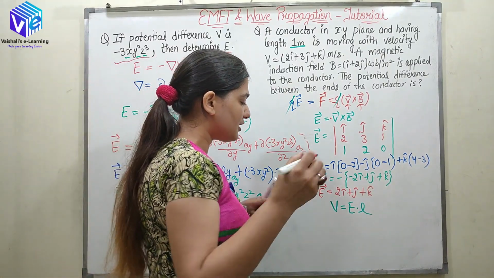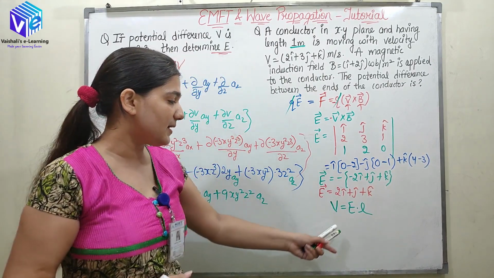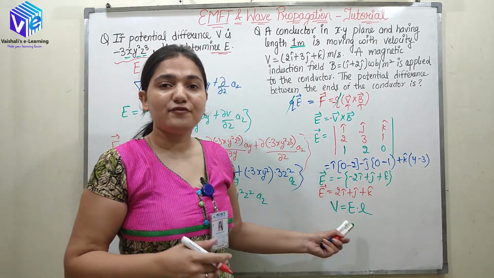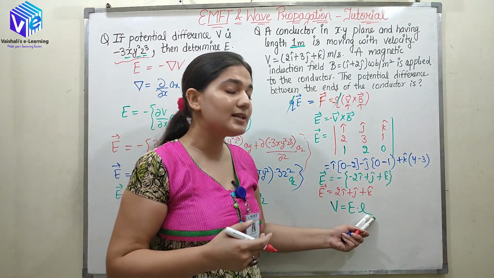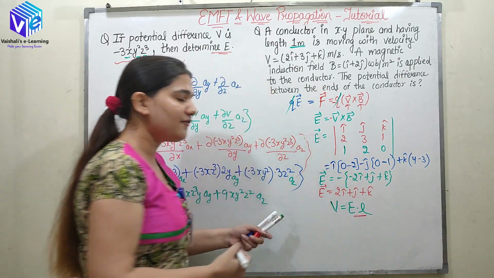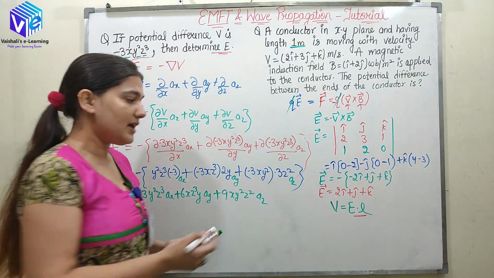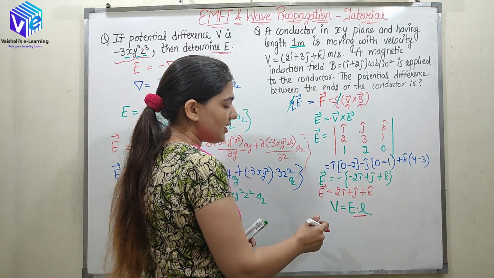In the previous video also we solved two questions based upon this formula. If you have still not seen the previous video, you can watch that video and see how with the help of this formula I can find out the potential difference. When I know E, I can easily find out the potential difference.